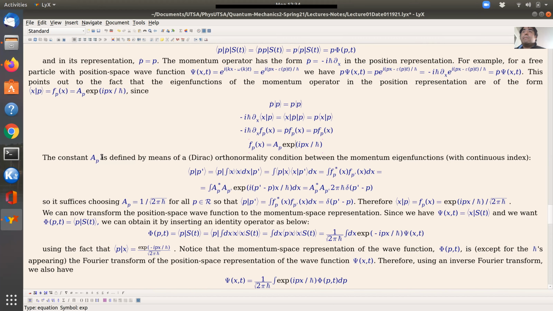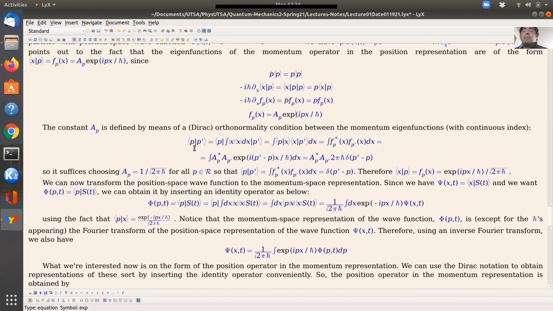Since you don't have, formally speaking, actual orthonormality, you have something that is a second best thing or a remedy, which is called Dirac orthonormality, where you want some sort of Dirac delta behavior between two different momentum eigenfunctions. So I'm going to give the summary of the idea. You have the inner product between two different momentum eigenfunctions, p and p prime.